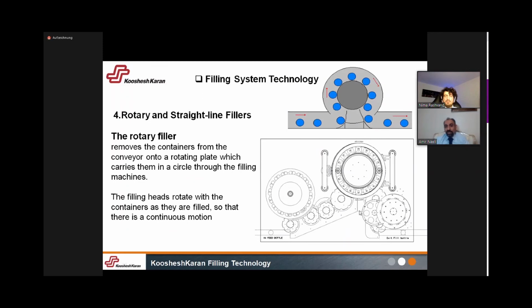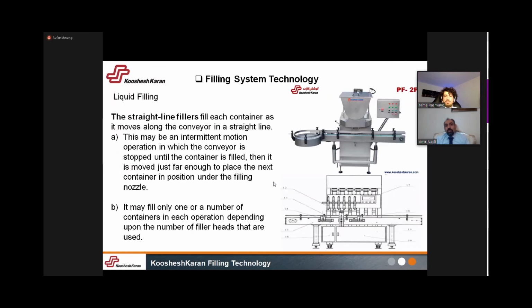In the model of inline machine or straight line filler, each container moves along the conveyor in a straight line. This may be an intermittent motion operation in which the conveyor is stopped until the container is filled.